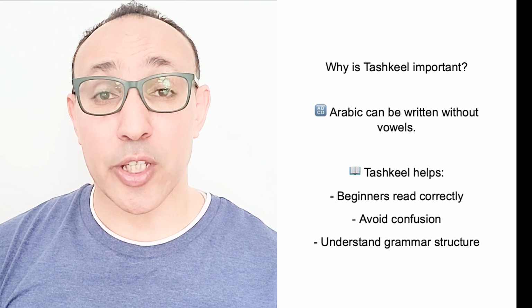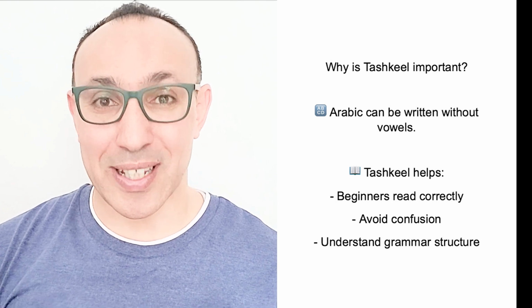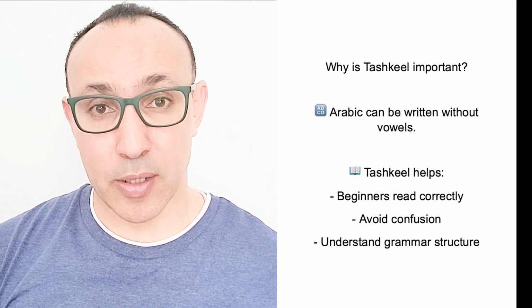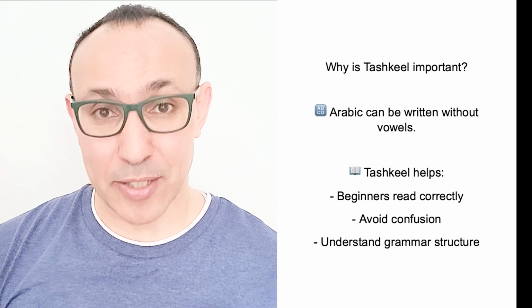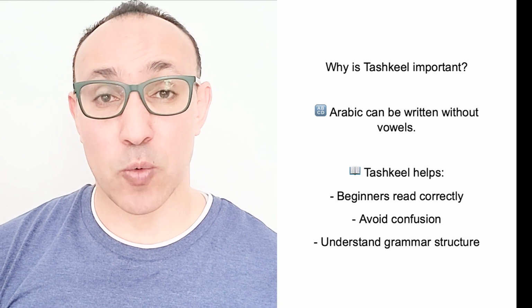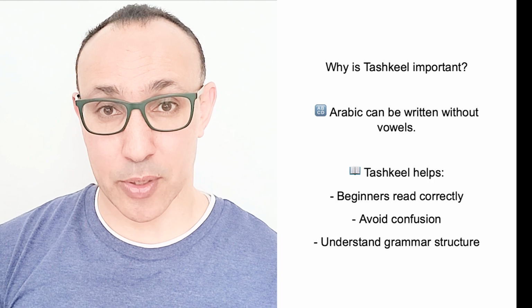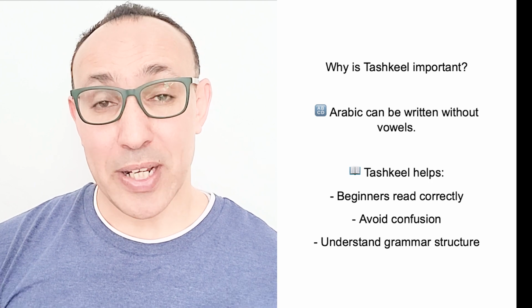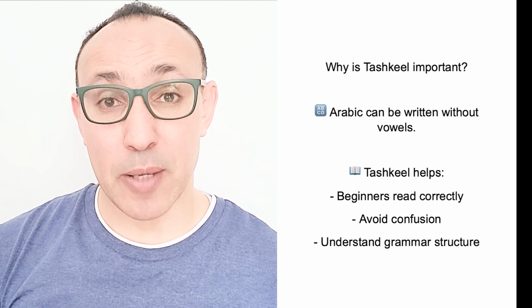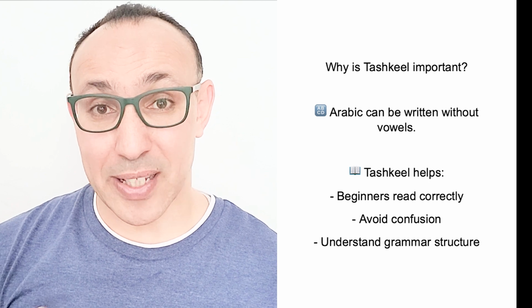However, as a beginner, you must learn to read with the symbols. As you move on and get better with pronunciation with the tashkil, you can read the text without these symbols. Reading the Quran, for example, it is very important to have the symbols there.